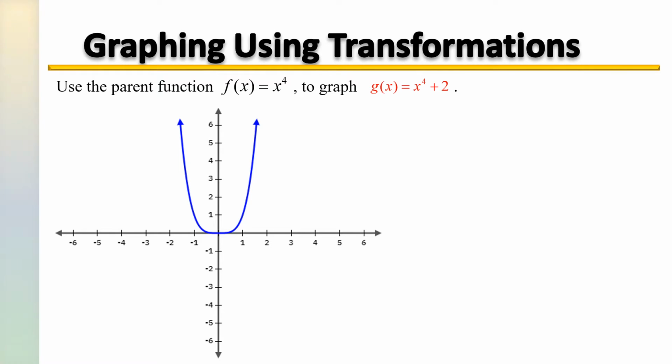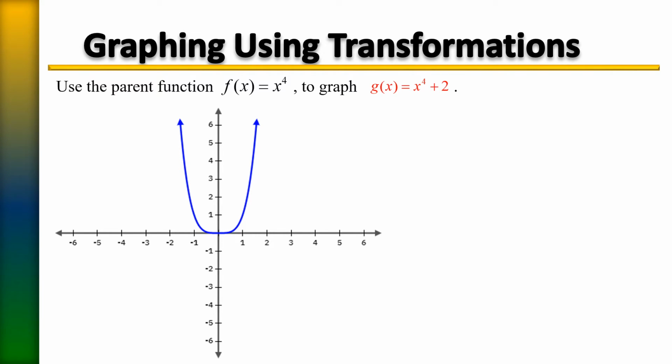Here's another one. We have here an even function, f of x equals x to the 4th, a quartic function. And what we want to do is leave the shape exactly as it is. Whenever you see a plus or minus in the back of a function, you're simply going to shift that function up or down.